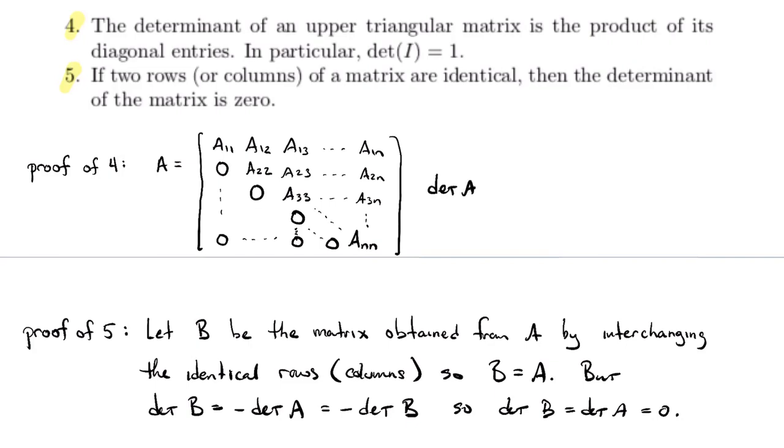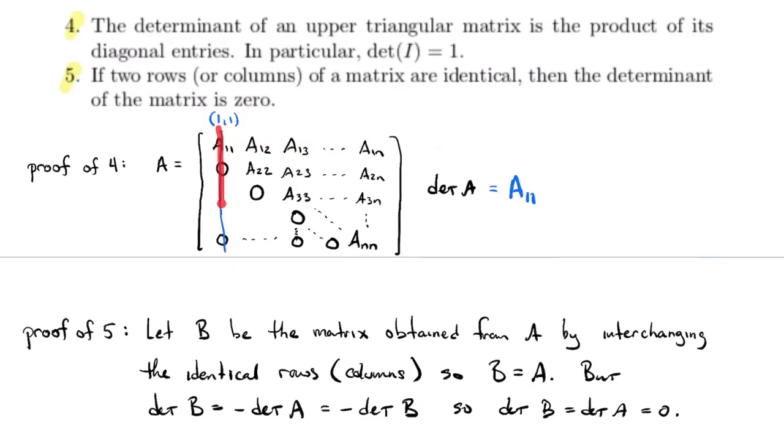If you wanted me to take the determinant of A, I would cofactor expand along the first column. Because the first column entry is in position 1, 1 in the top row, and 1 plus 1 is even, I would just get 1 times A1,1 times the determinant of the matrix that results from eliminating that row and column. That matrix is also upper triangular, so if you like, by induction, the rest follows.